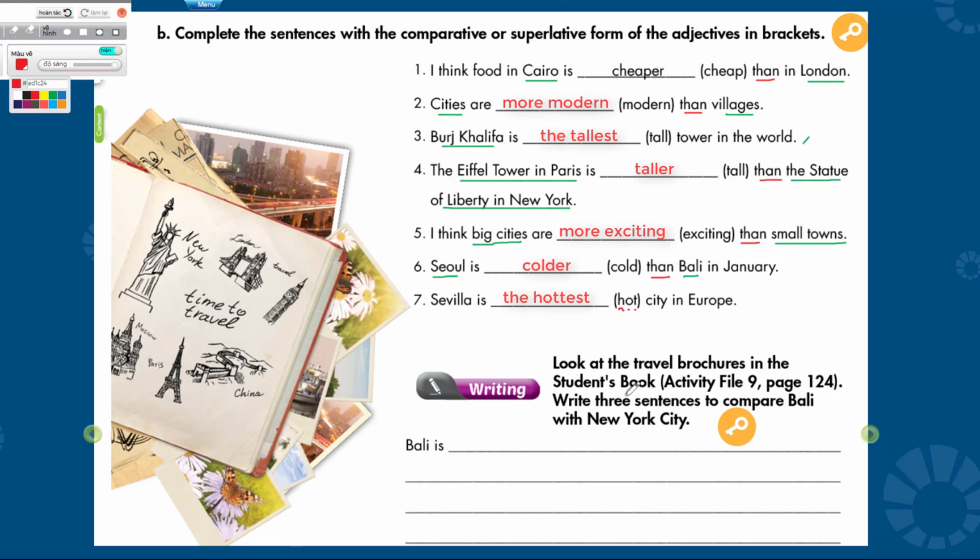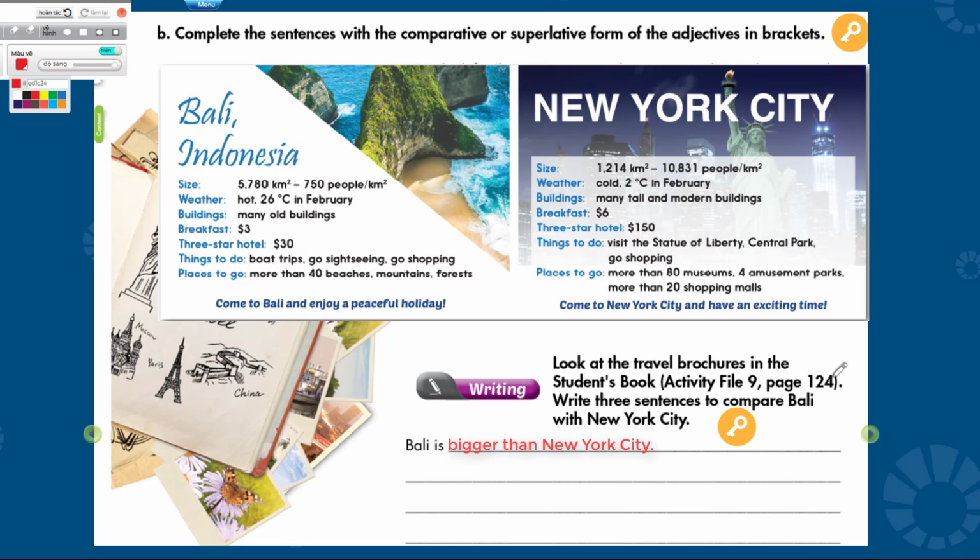Trong phần này chúng ta sẽ nhìn cái quảng cáo du lịch trong sách học sinh, hoạt động 5-9 trang 124, và chúng ta sẽ viết 3 câu so sánh Bali với lại New York City, right? Okay, so for example here, Bali is bigger than New York City. Bali thì là lớn hơn thành phố New York. Đảo Bali thì lớn hơn thành phố New York, right?